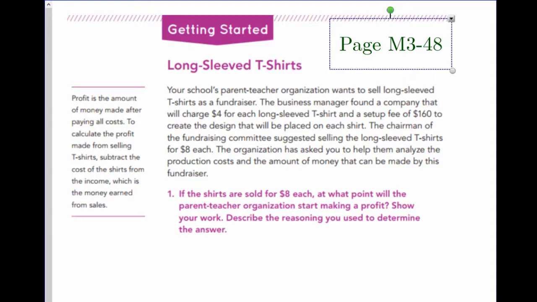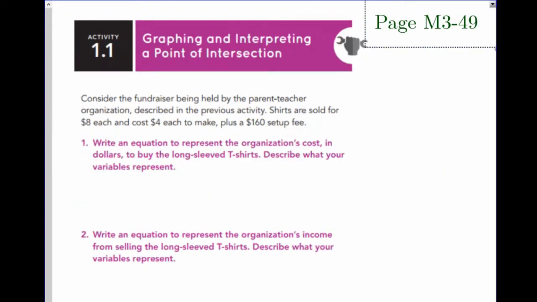So let's move on to the next page, which is page M249. All right, so here we have the same setup that we just read through, okay? We've still got shirts that we're trying to sell, $160 setup fee, $4 each is the cost, and we're selling them for $8.